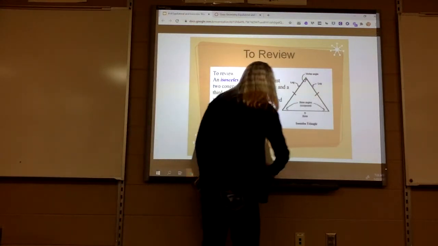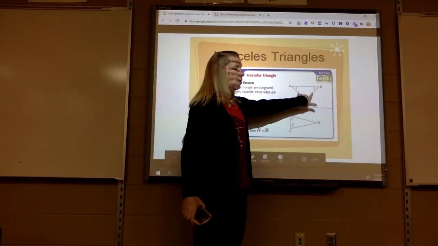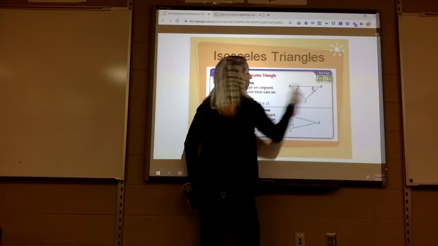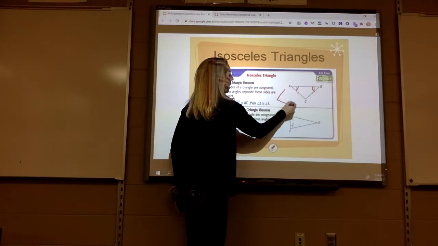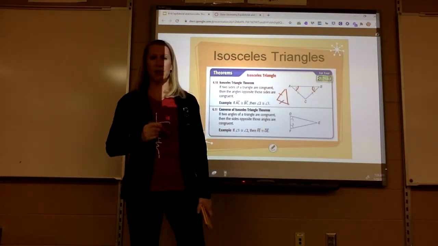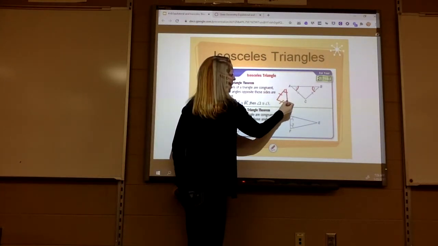All right, so if two sides of a triangle equal each other, then the two base angles equal each other as well. So what if that triangle was turned sideways? Can you tell which two angles would equal each other? It would be this one and this one.